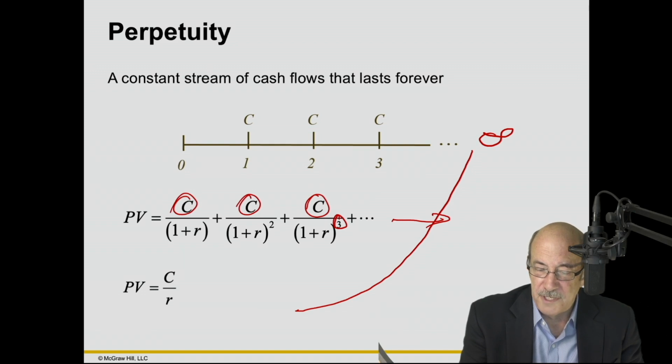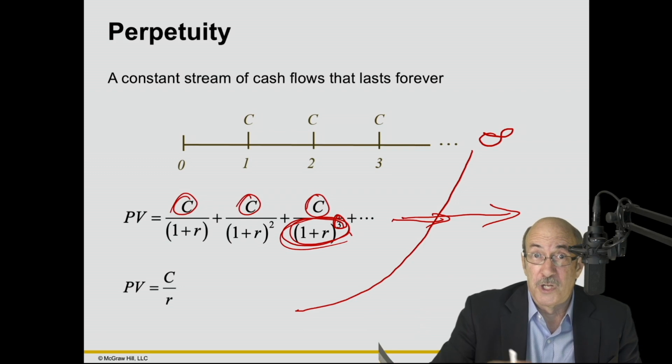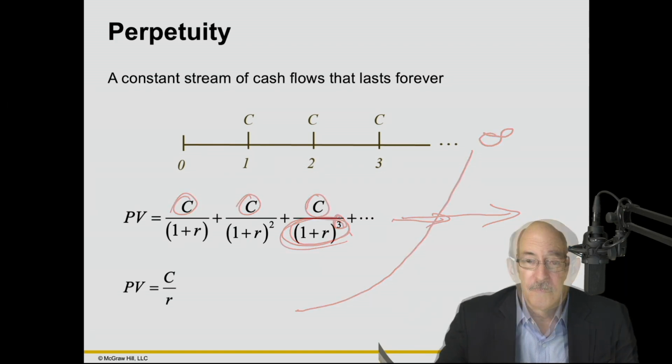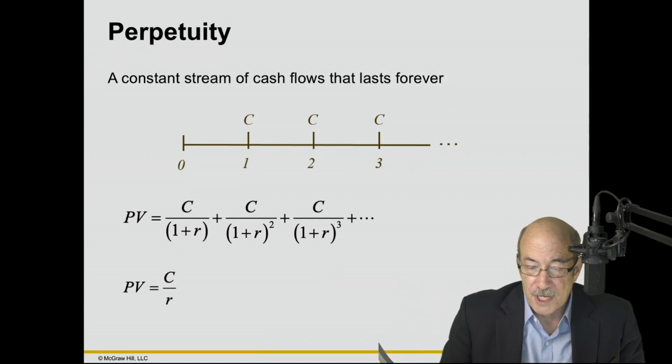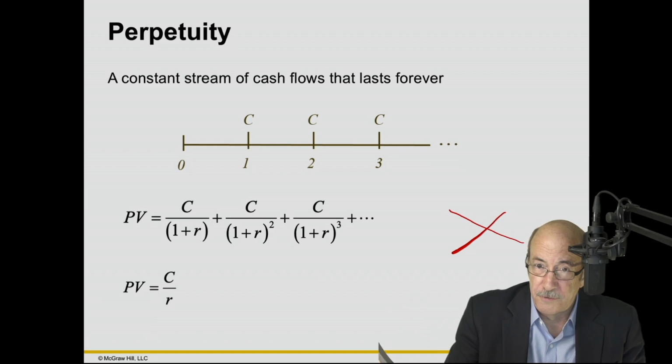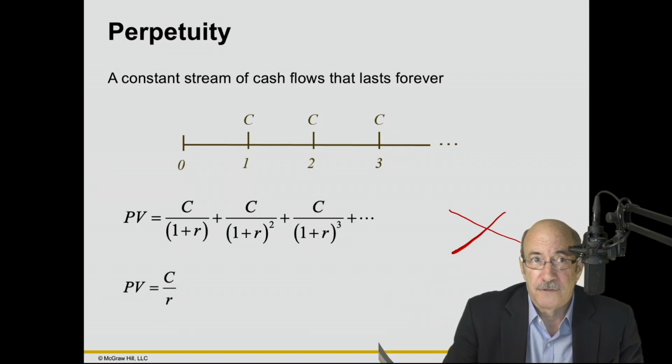And so it doesn't take getting too far out here before that discount factor gets really big. It means that the present value of those future cash flows beyond about year 25 become meaningless. They're really, really small. Since they become so small, we can pretty much ignore those way out in the future.